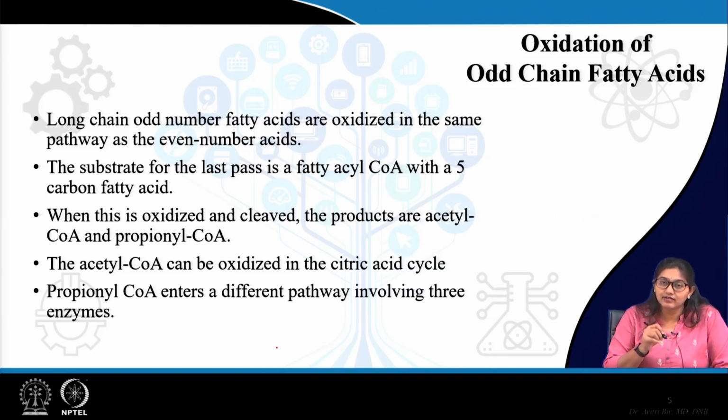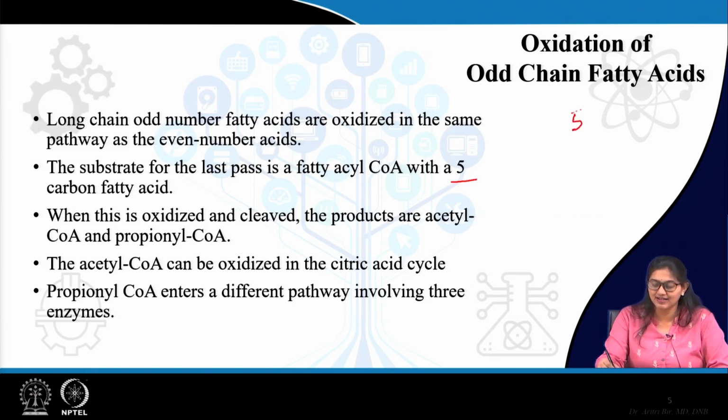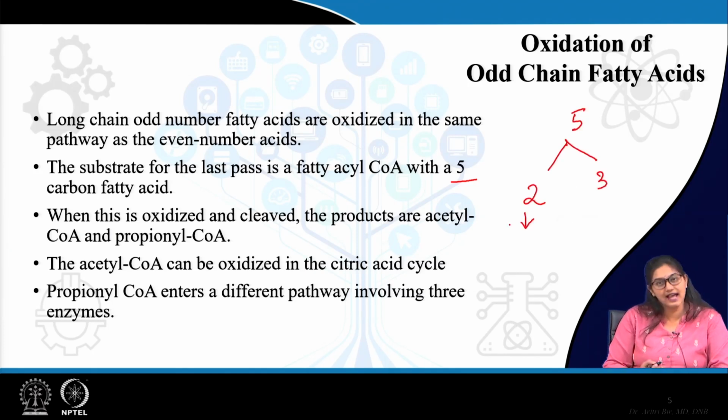Now, when that shorter fatty acyl coenzyme A is a 5 carbon fatty acid, 5 cannot be divided into 2 plus 2. So, there will be 2 plus 3. That 2 is acetyl coenzyme A.